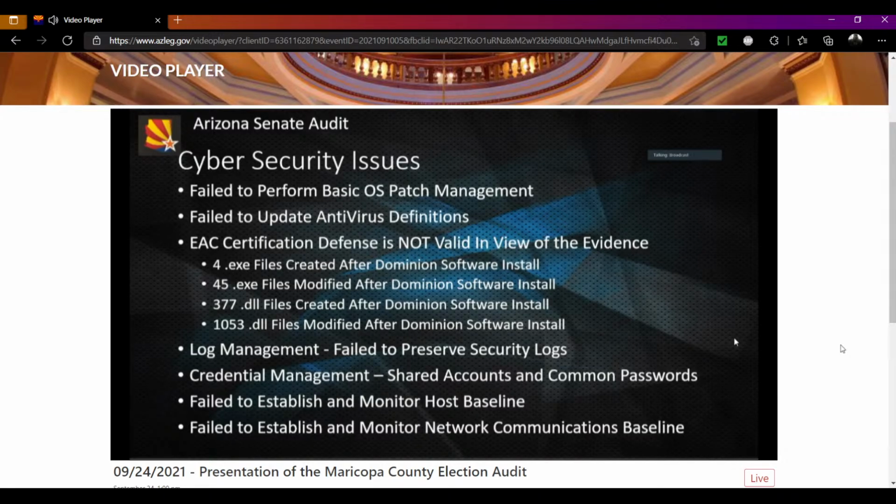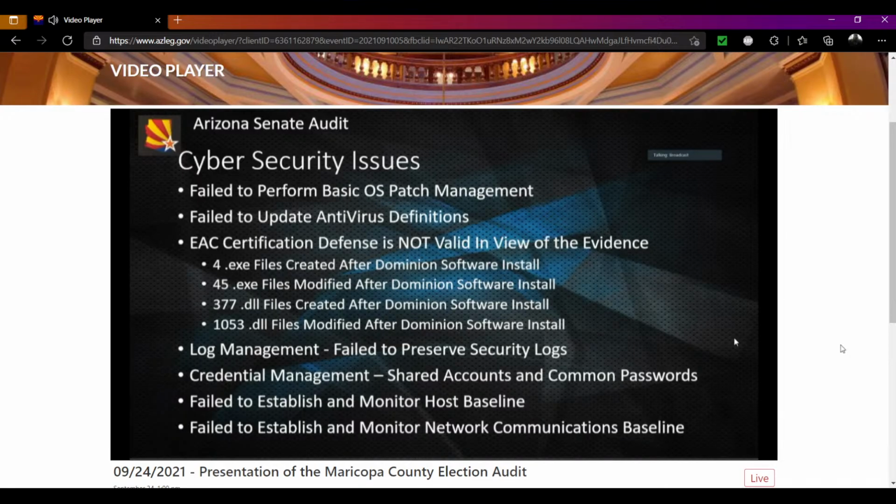Now there's a couple reasons for that, and we'll go into those later, but the bottom line is that they failed to preserve those logs, or at least those logs were not turned over to the auditors. And so I'm assuming, since they were part of the subpoena, that those should have been provided had they been present. Okay.